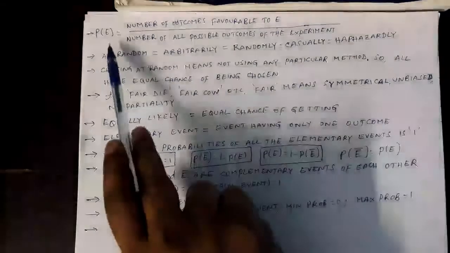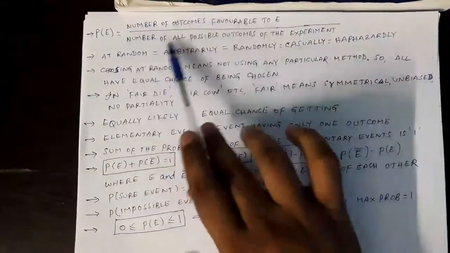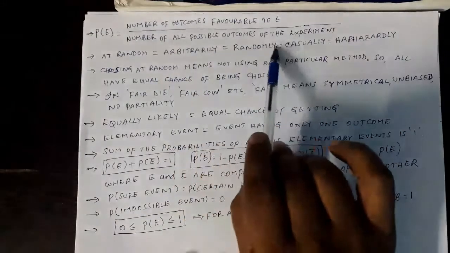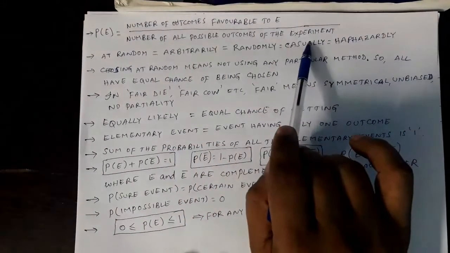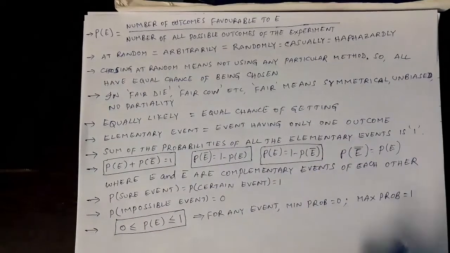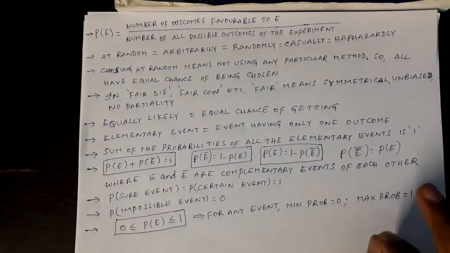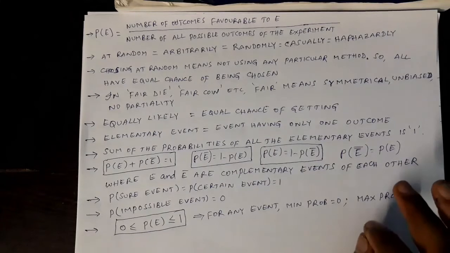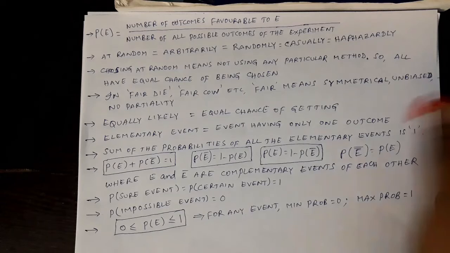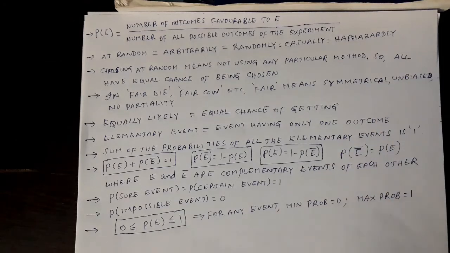What is probability of an event E? Number of outcomes favorable to event E divided by total, the number of all possible outcomes of that experiment. We have seen at random, in many questions, in many occasions, while dealing with the problems of this topic probability, you will see the words: I have taken one coin or one ball at random from this.